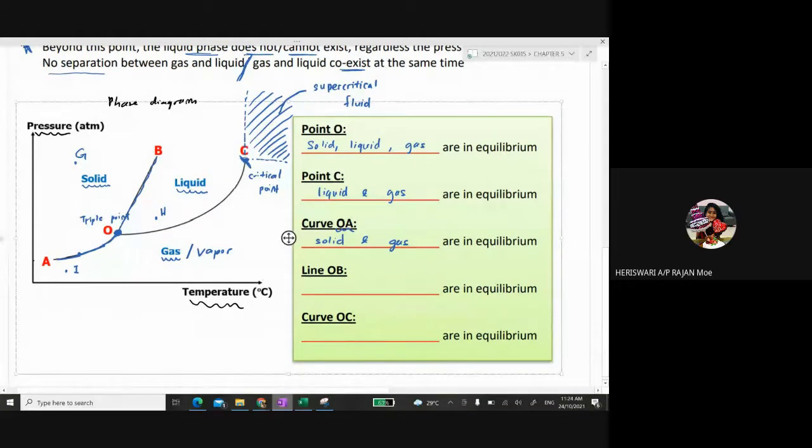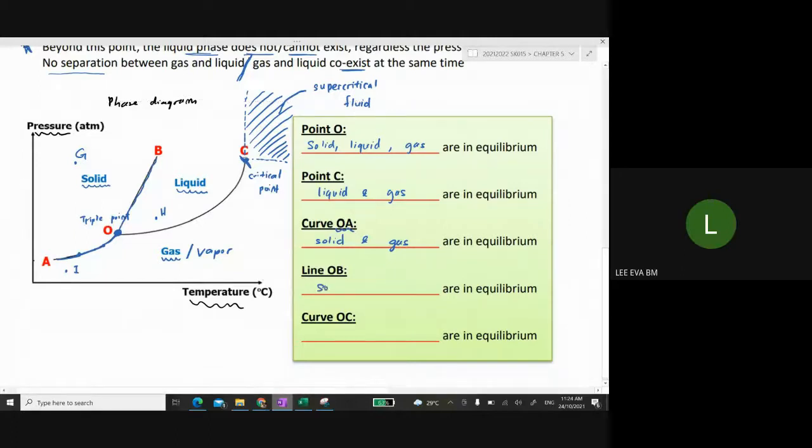Okay, tell me about line OB. What phase can you find? Solid and liquid. Okay, so in this phase diagram, on your line OB, we can find both solid and liquid phases, or you can also say solid and liquid are in equilibrium. The last one, curve OC. Liquid and gas.